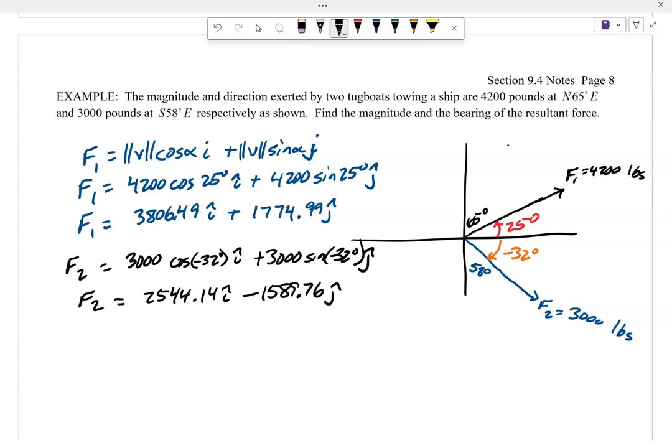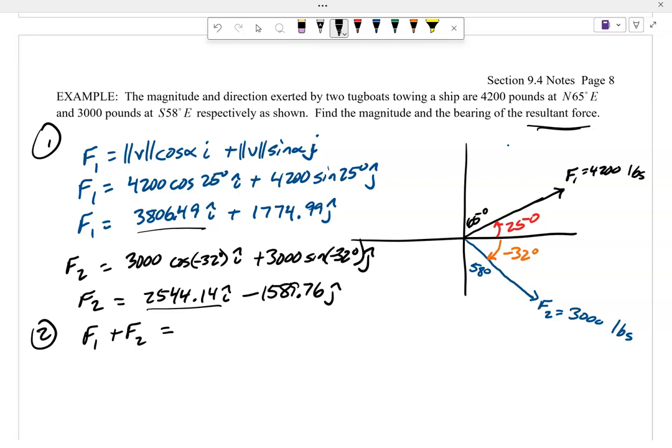So step number 3, we want the resultant force. So we want both the magnitude and the bearing of the resultant force. Well, let's find the resultant force by adding them together first. So I'll take the 3806.49 plus 2544.14.